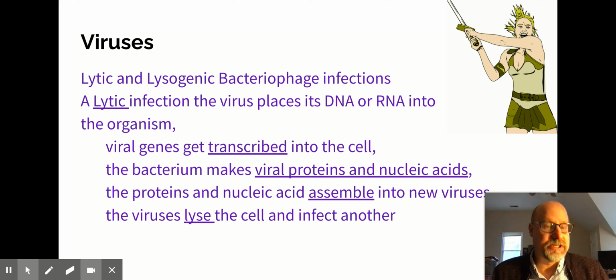And the reason I've got a raging barbarian on there is because a raging barbarian is what a lytic infection is. Basically, the virus comes along, attaches to the bacteria. The DNA or RNA goes through the protein coat into the bacteria.